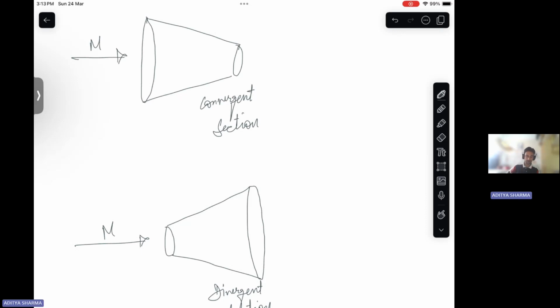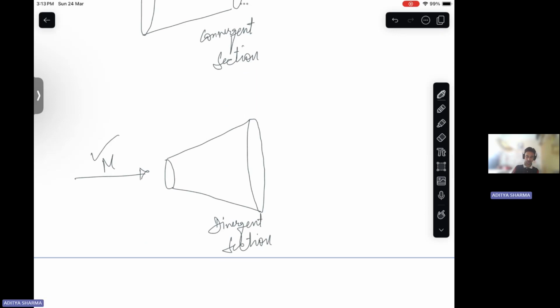For example, if the flow is subsonic and we have a convergent section, there will be an increase in the velocity of the flow. And for a divergent section, if a subsonic flow enters, its velocity is going to decrease. And the opposite is true for supersonic flows, right?